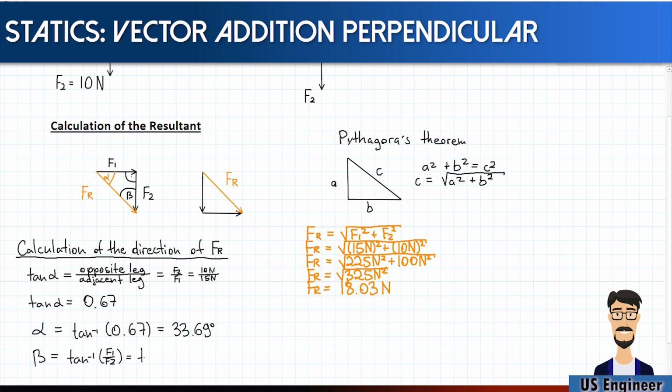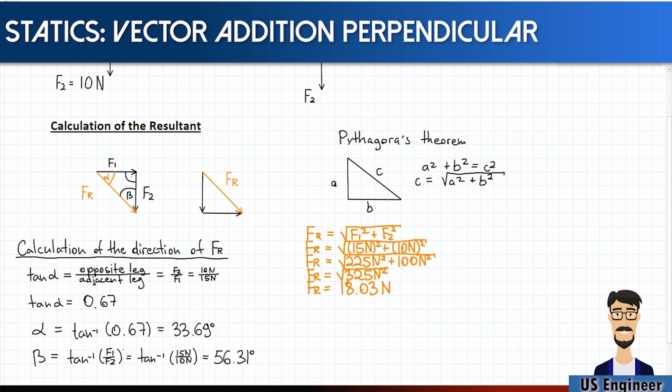That's equal to tangent minus 1 of 15 Newton divided by 10 Newton, and that is equal to 56.31 degrees.